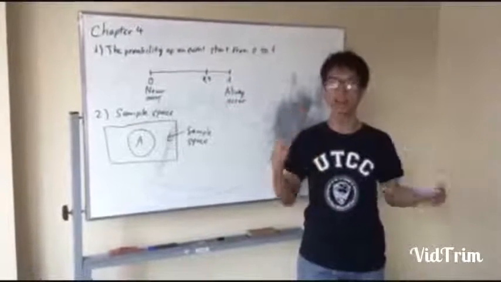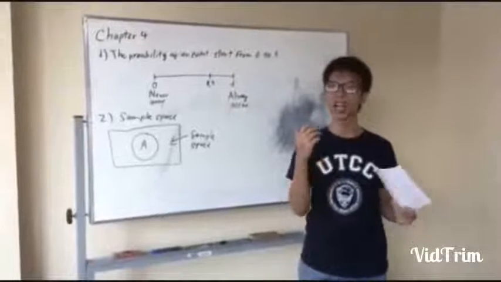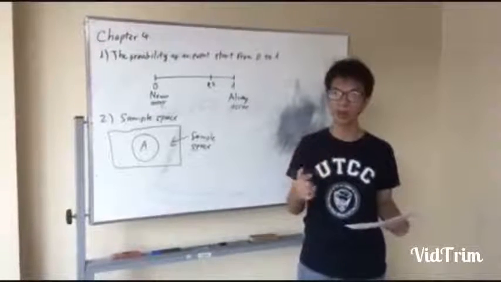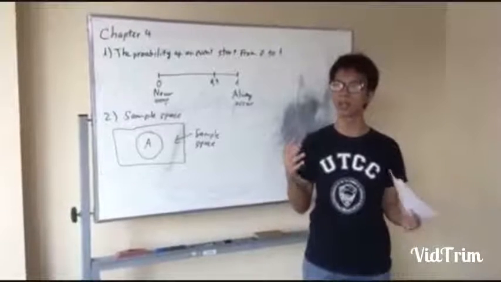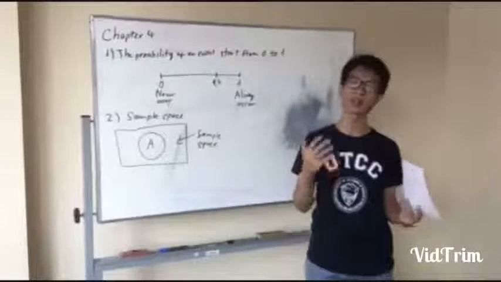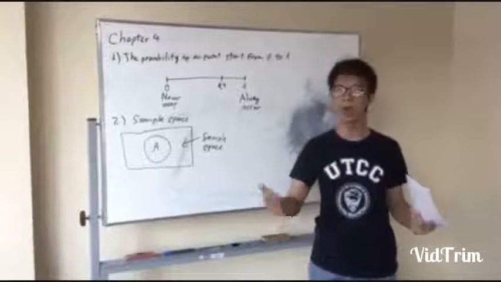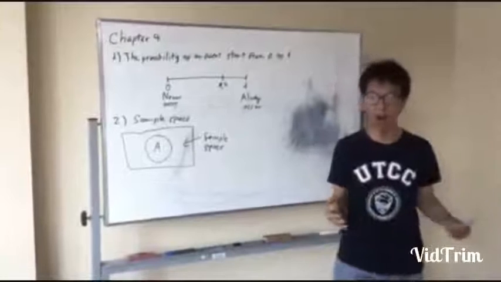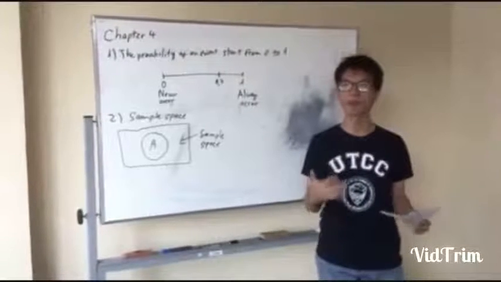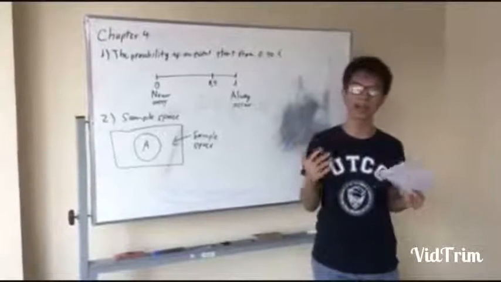If you toss a dice, the sample space will be 1, 2, 3, 4, 5, 6. And if you choose the color of a ball, red, blue, yellow, and green, the sample space will be four colors: red, blue, green, and yellow.